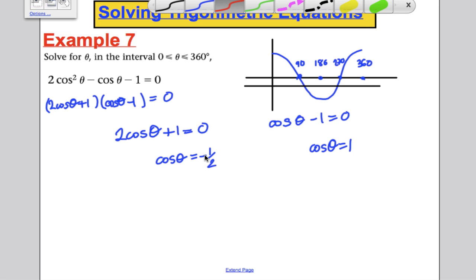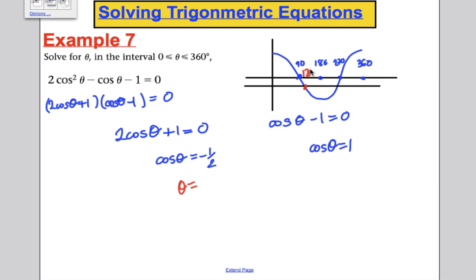We could find the principal value of that. If you take the inverse cos of minus 0.5, you get 120. So this 120 is there, it's 30 away from that point. So this one here should be 30 back from that point at 240. So theta is 120 and 240.